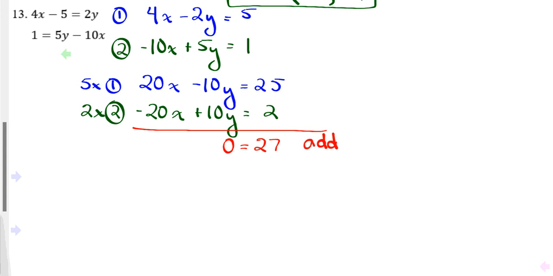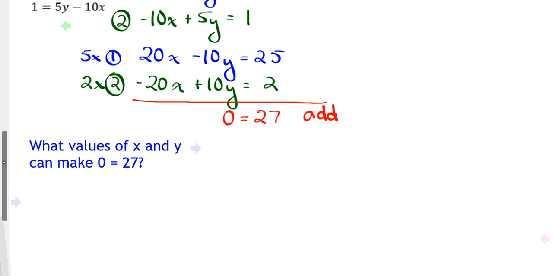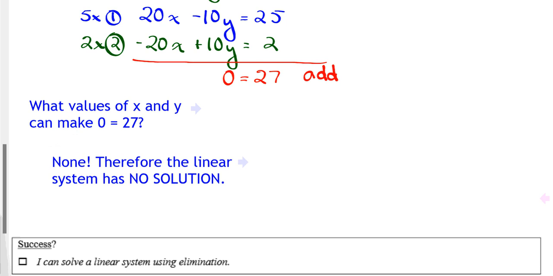So that leads to the question, well, what ordered pair can make this true? What values for x and y can make 0 equal 27? Well, that's kind of a ridiculous question because 0 can never equal 27, which means there is no solution to this system of linear equations.